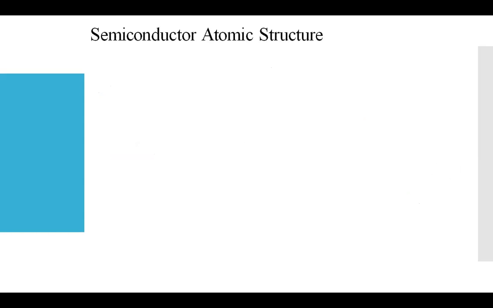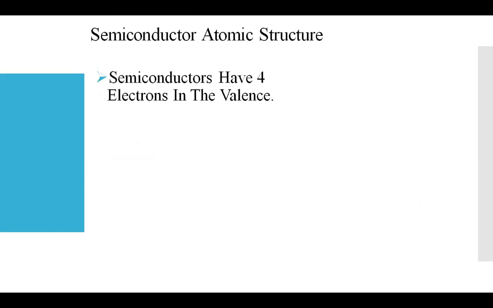Now if we talk about semiconductors, the semiconductor has 4 electrons in the valence, not more than 4, not less than 4.